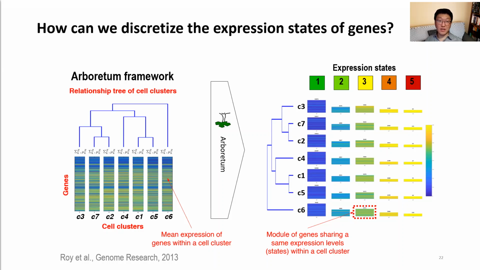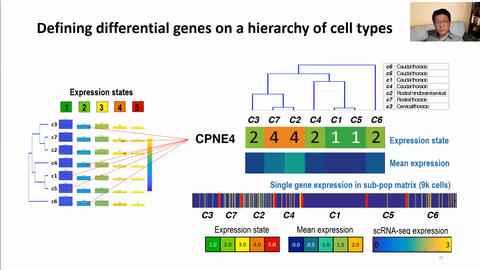So in our setting, we use the hierarchical relationship among the cell clusters while simultaneously grouping the genes into a finite number of expression states based on their pseudo-bulk expression in each cell cluster. So once we have defined these gene expression states for all cell clusters, we can identify genes with interesting patterns of expression on a hierarchy.